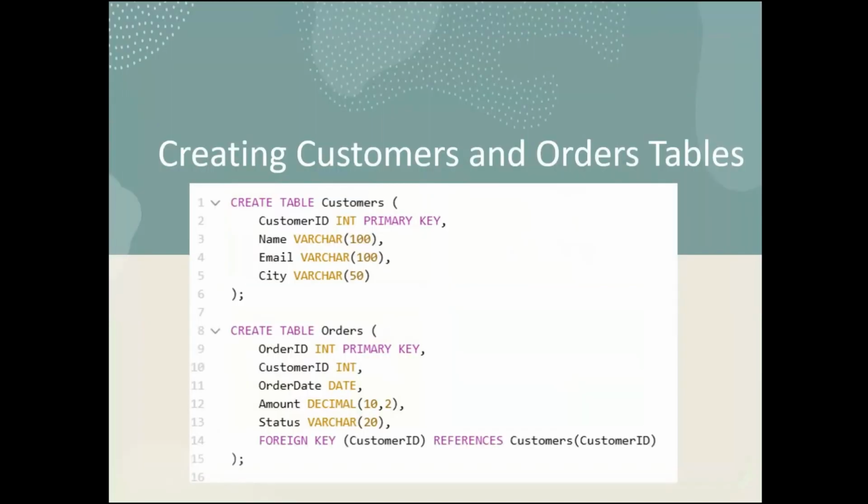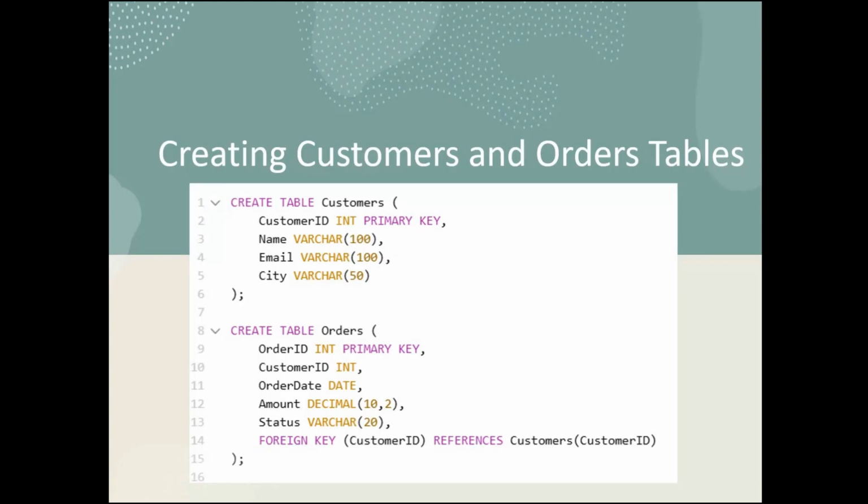Let's start together. Today we will use a new database containing customers and orders tables. We will create the new database together, which I will call the store database. You can call it whatever you want.